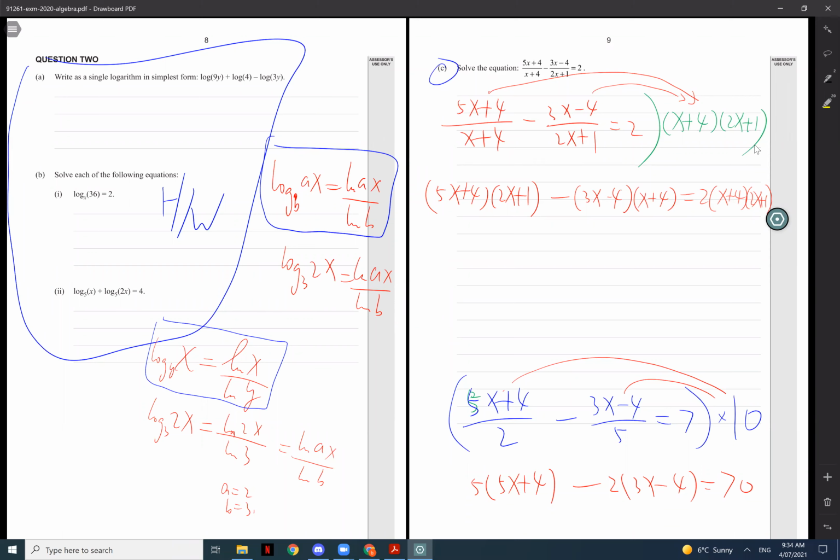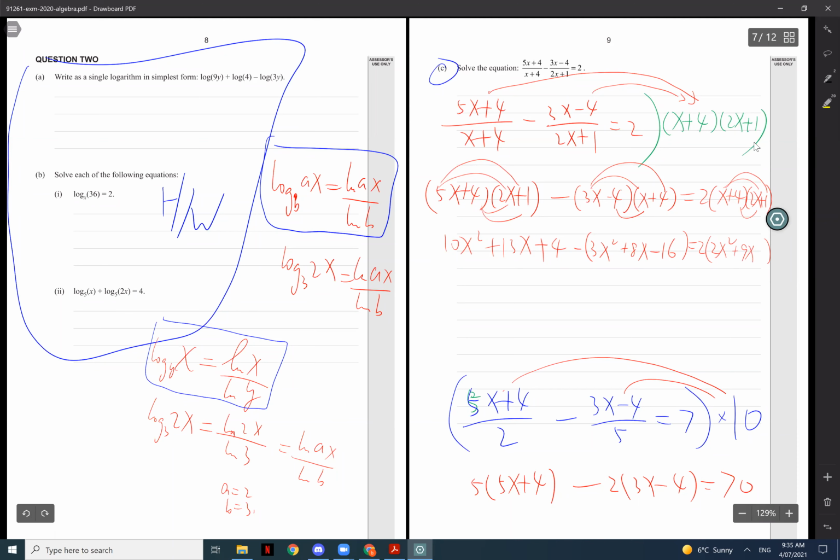Okay, let's check the other guys. Let's check 10x squared, 5x, 8x, 13x, 4, 3x squared, 12x minus 4x, 8x, 16, 2x squared, x, 8x, 9x, plus 4.